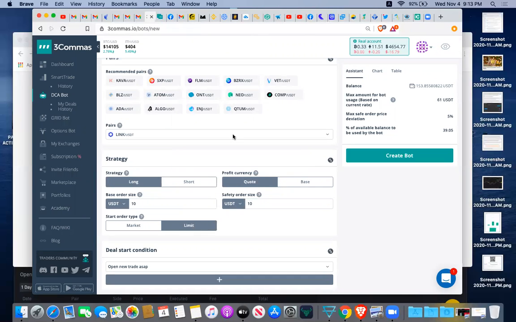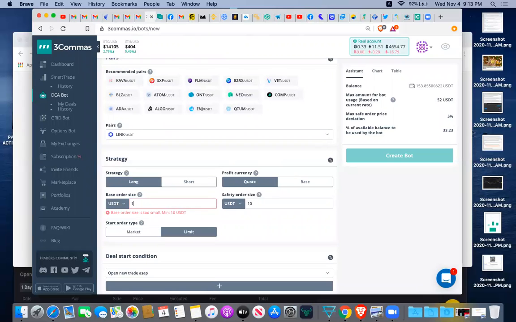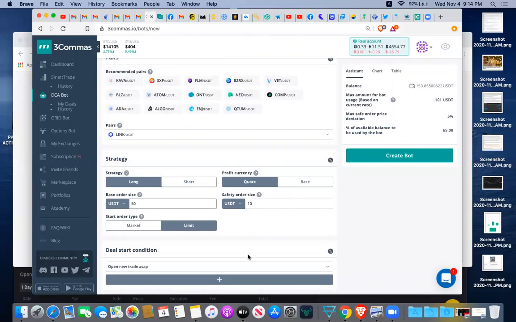So now, assuming I want to buy Chainlink, now this base order size, okay, how much money do you want to use in buying Chainlink, the first order that will be bought? Maybe you say $20 or $50.